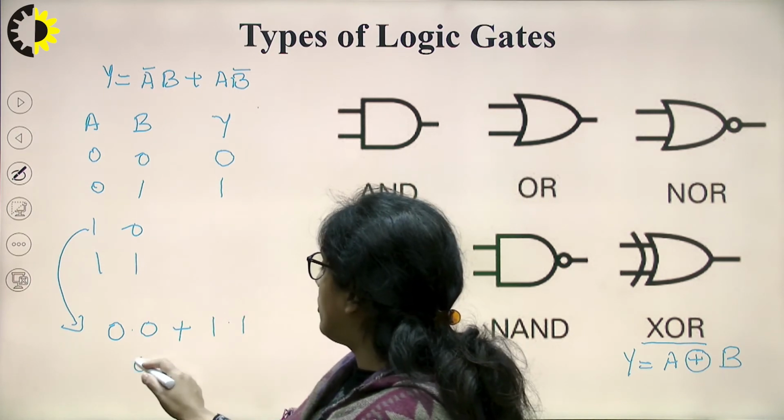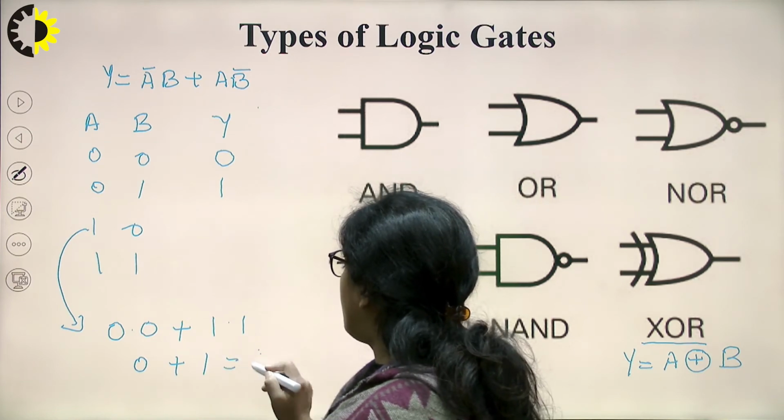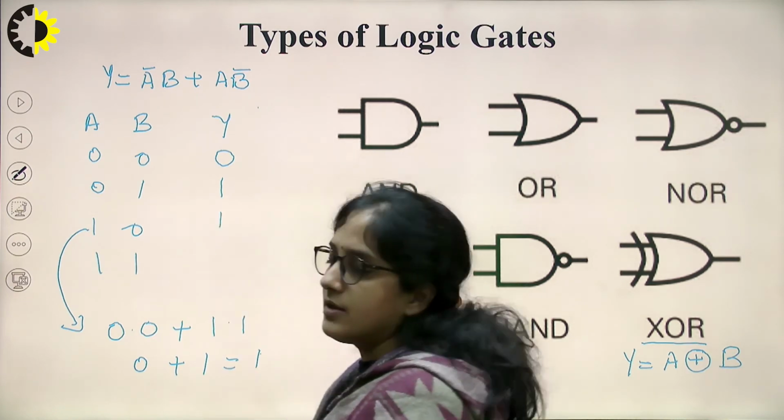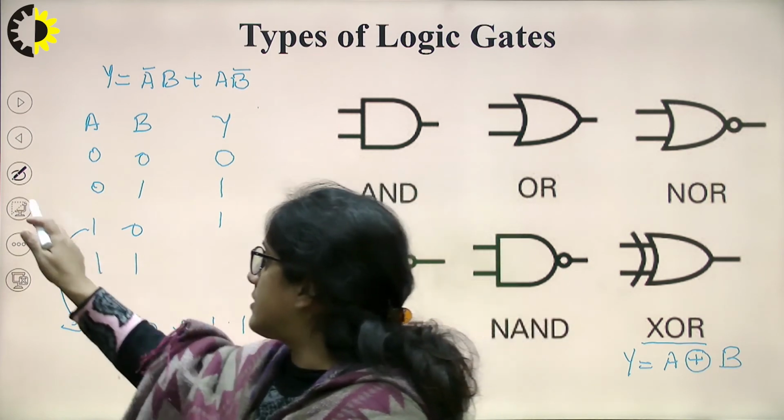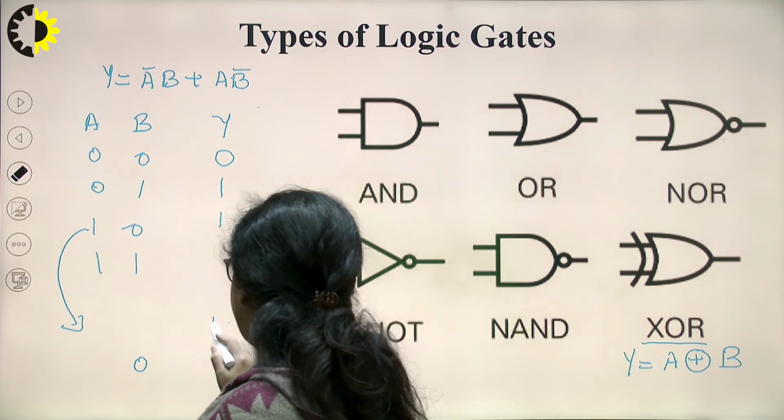So 0 OR 1 will be 1. So, the result is 1.